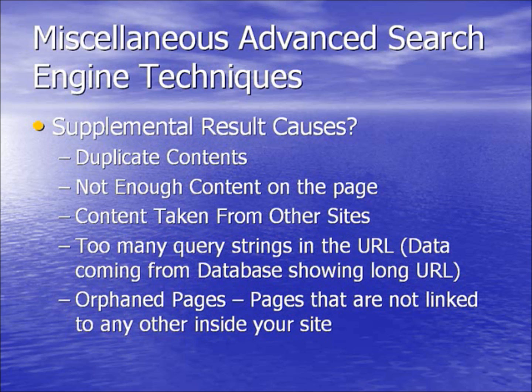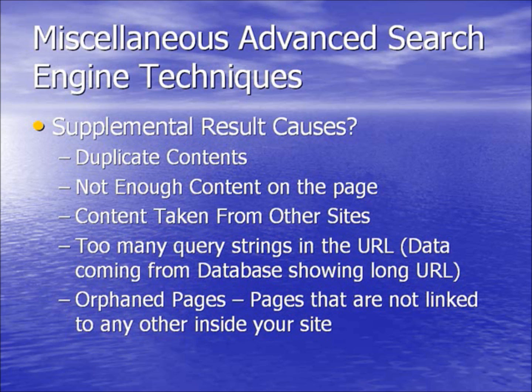There are many reasons that could have caused a page to slip into the secondary index. The obvious one is the duplication of content. If your website does not have original content, and whatever you display is taken from various other resources on the internet, then Google does not consider your website to be an important site.